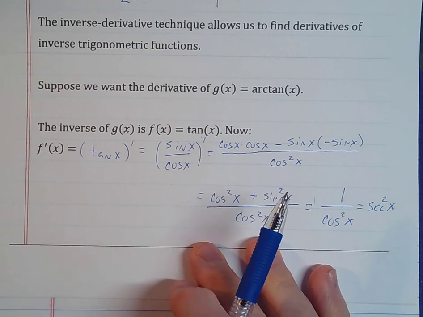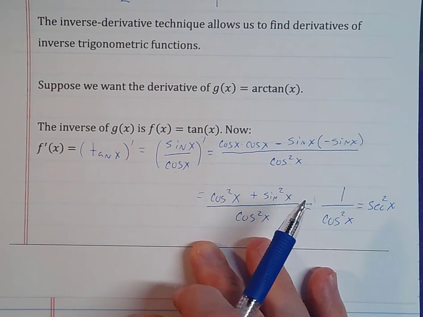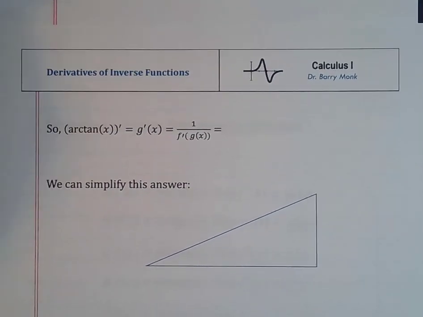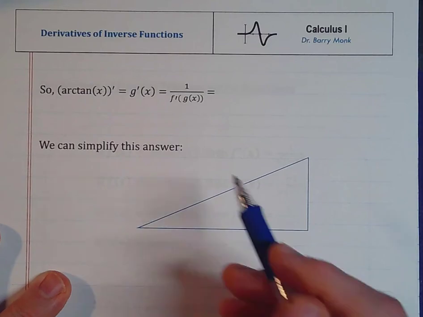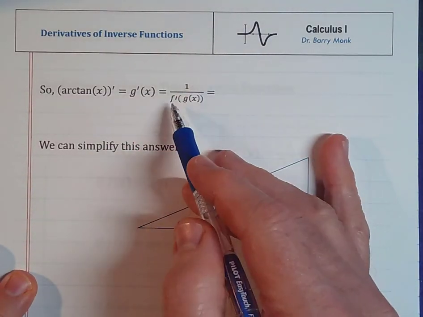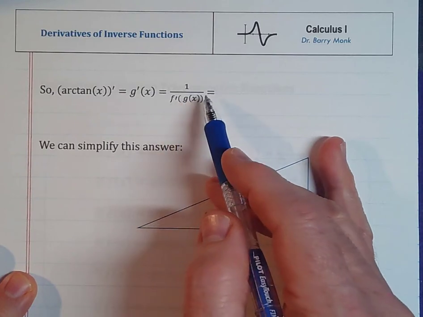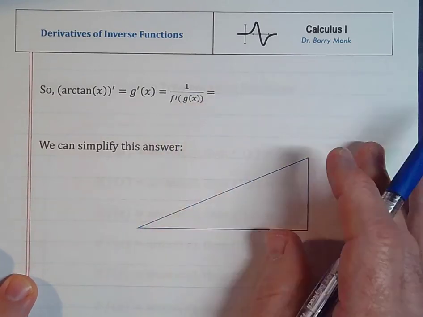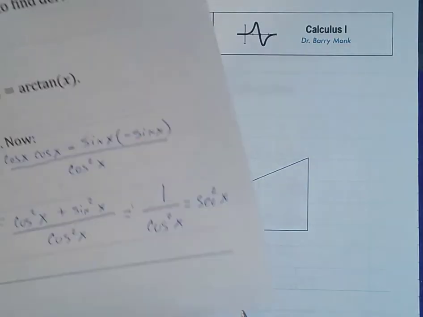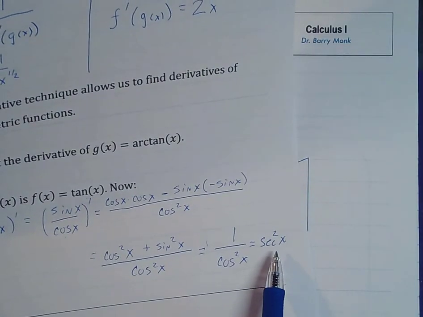And so I should be able to go ahead and find the derivative of arctan x. And let's do that here. So the derivative of arctan is, using my formula, 1 over f prime of g of x. I just found that f prime is equal to secant squared.